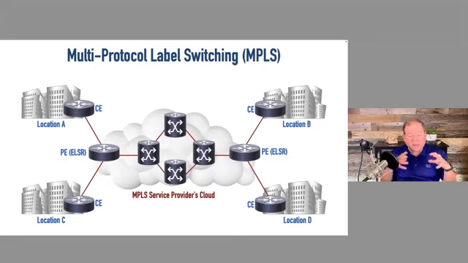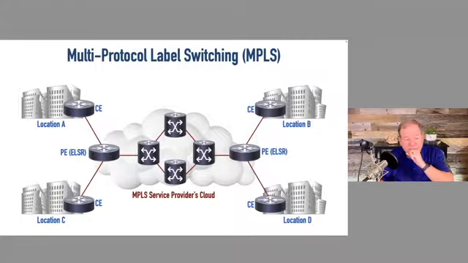Here, the routers inside of this MPLS cloud, they're going to say, to me, this IP network is associated with this label, and this other IP network, it's got this other label. So every router's got this little mapping table. This network equals this MPLS label. This IP network equals this other MPLS label.